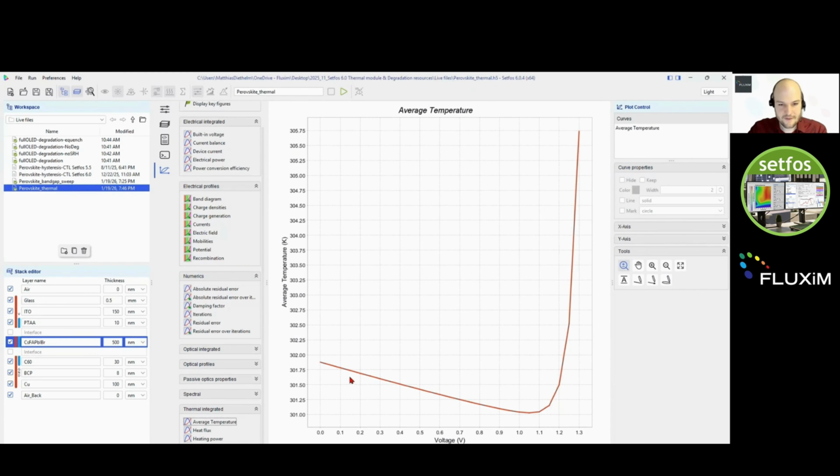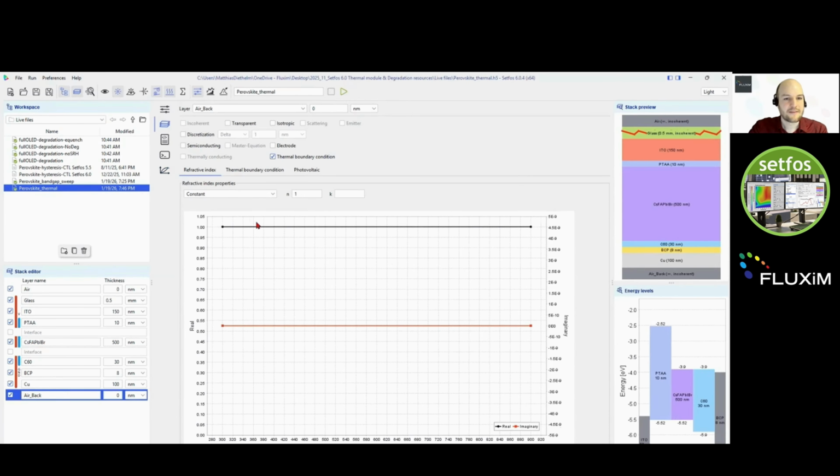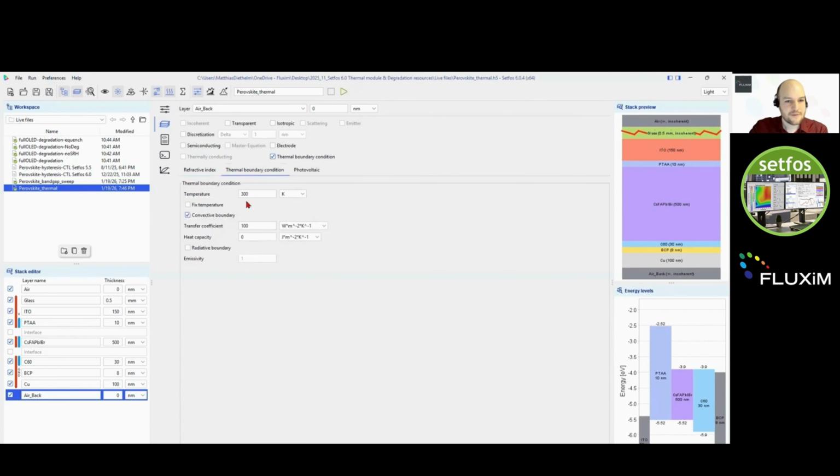But that's because, and now we are looking into some of the parameters of the thermal model, we go to the boundary condition, which is set up as a convective boundary, so you have airflow, for example. This transfer coefficient of 100 watt per square meter per Kelvin represents a very strong airflow.